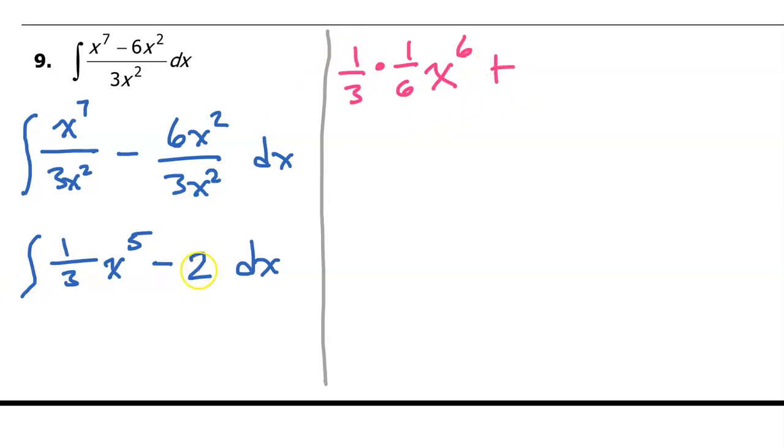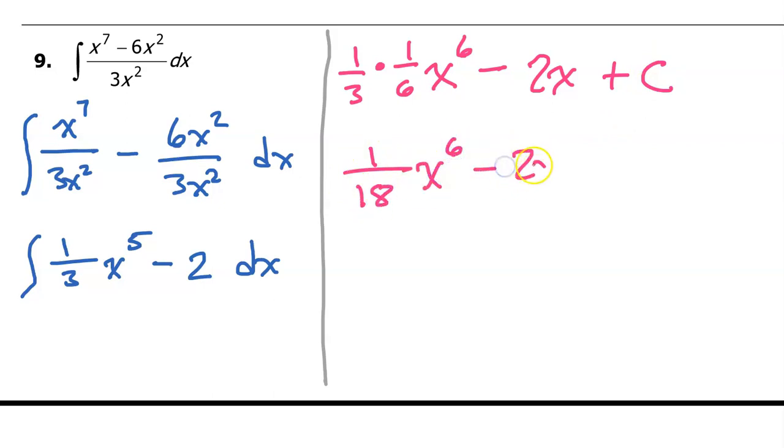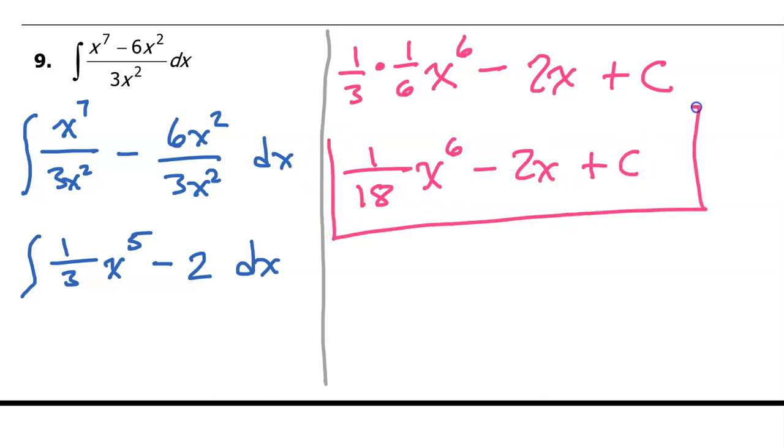Now moving on to this term, whoops, that should be a minus. So I know that when I take the integral of a constant, an x appears next to it. And then I will have the constant of integration. So really, this is going to be 1 over 18, x to the 6th power minus 2x plus c. So that's the final answer.